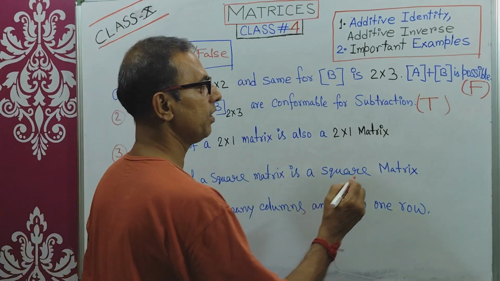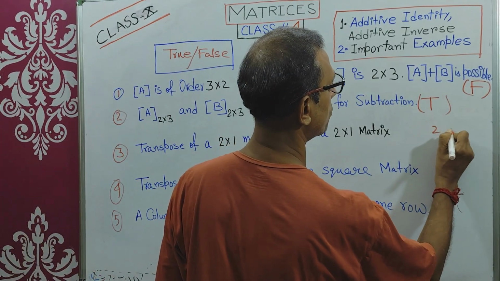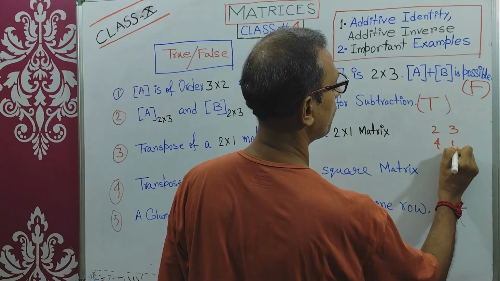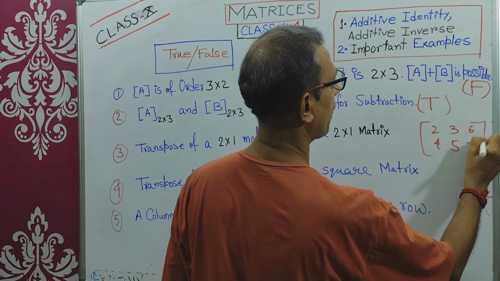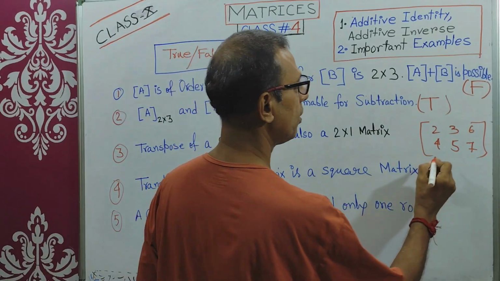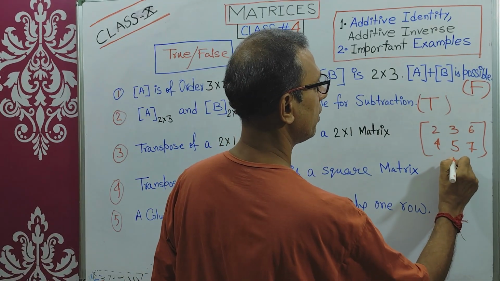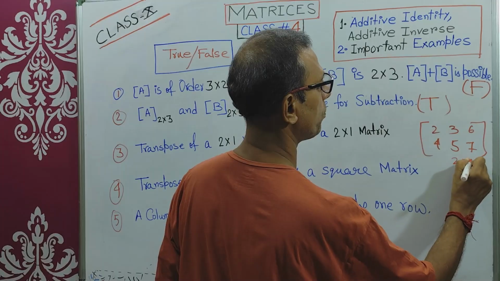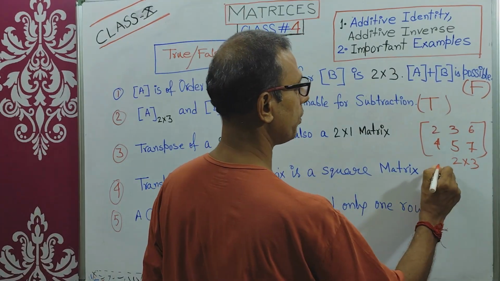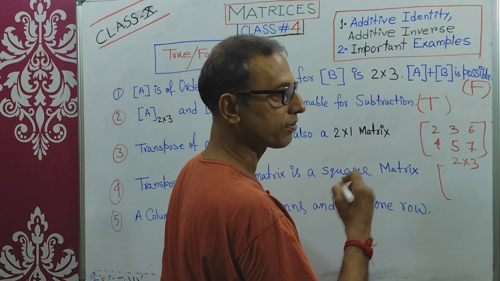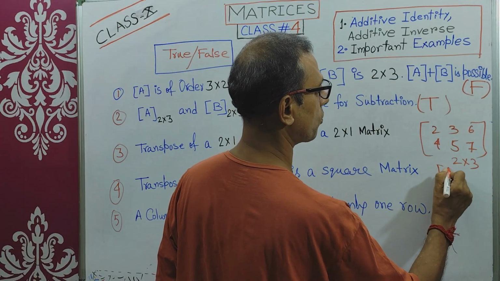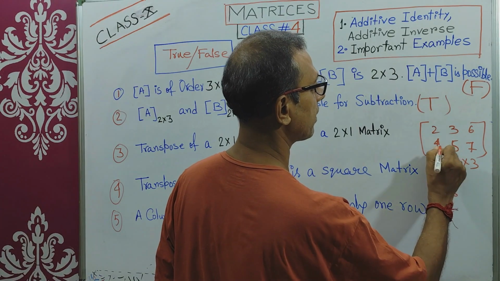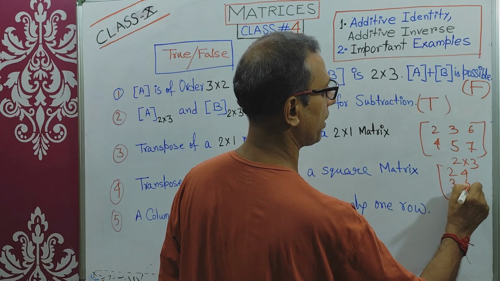So if you have a matrix like this, 2, 3, 6 in the first row and 4, 5, 7 in the second row, this is the given matrix. It has 2 rows and 3 columns, a 2 by 3 matrix. Now when you transpose it, the first row will become the first column, 2, 3, 6, and the second row will become the second column, 4, 5, 7.